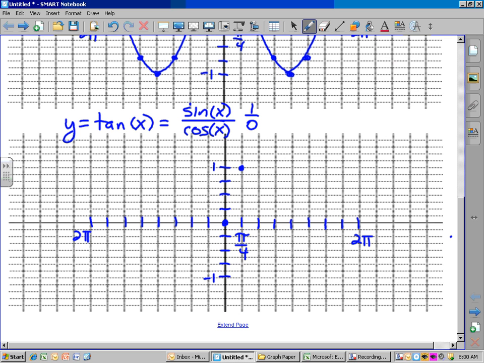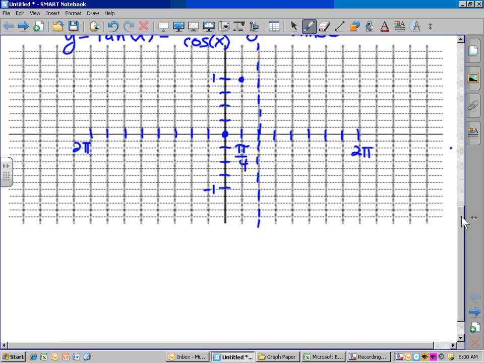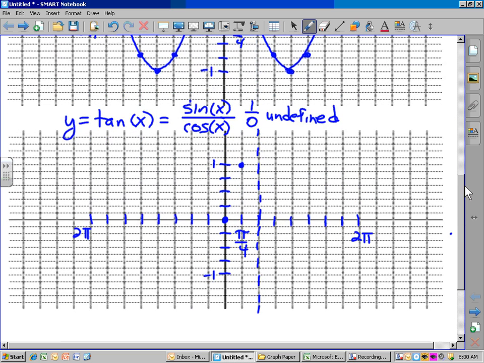No. Anything divided by 0 is undefined. So, what occurs at 90 or pi over 2 is what we referred to before as a vertical asymptote. Vertical asymptote means there can't, no graph there.